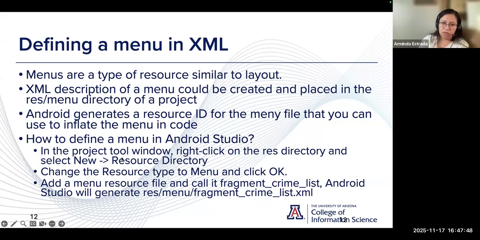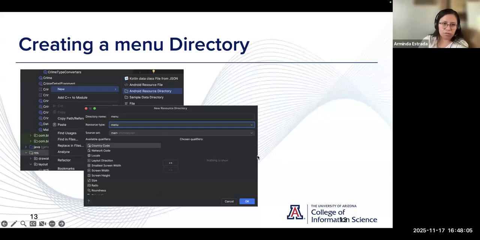We created a new resource directory, then right click on it and create a new resource of type menu. This one should be named like the fragment, so for us it would be glucose list or fragment entry list. I will show you. So you click on resources, new, then Android resource directory, and then menu to create that menu directory.